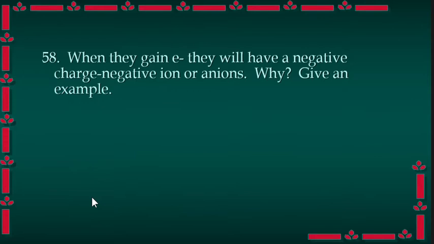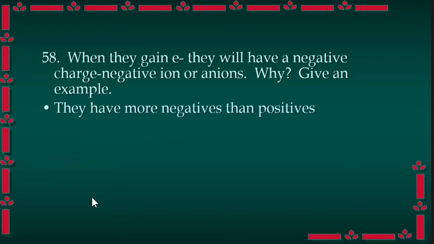When atoms gain electrons, when they gain negative things, what happens to them? They become negative. When you have more negatives than positives, you become negative. We have a special name for you now: you are an anion. They have more negatives than positives.